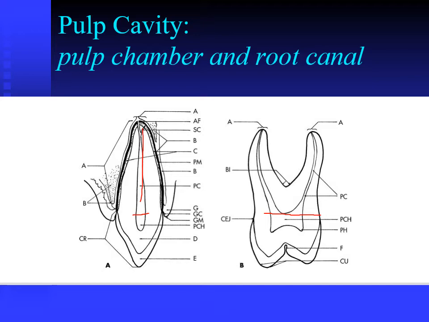As you're looking here in this proximal view, we can see that we have two pulp horns in the pulp chamber as well. We have a roof, we have four walls, and in a bifurcated tooth, such as a molar or a premolar, we may have what's called a pulpal floor. The openings to the root canals are called orifices, and so those are the orifices there.